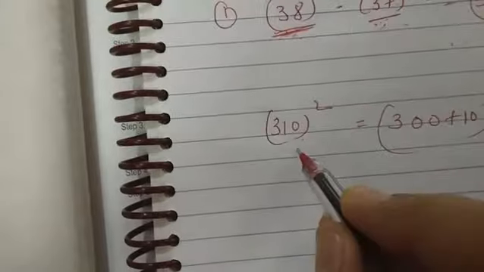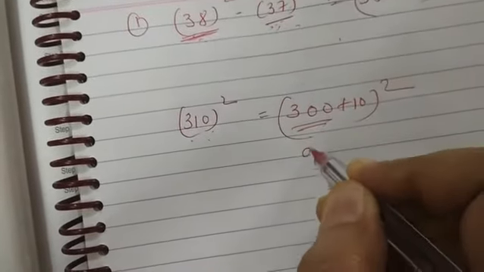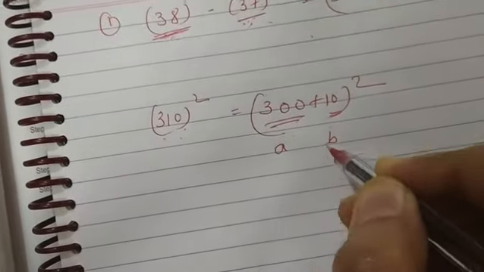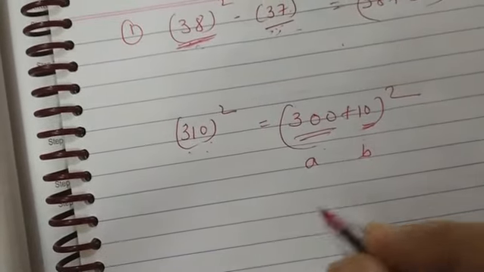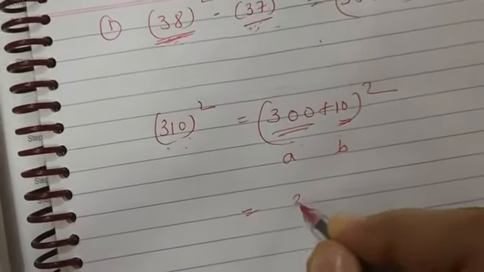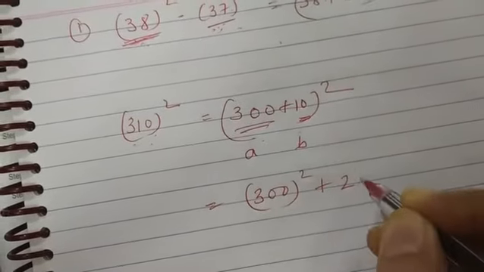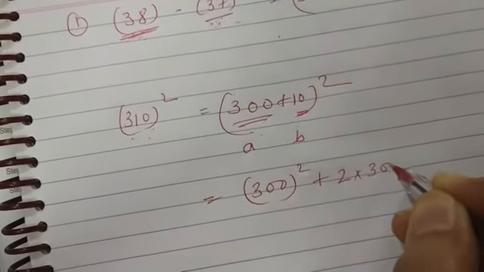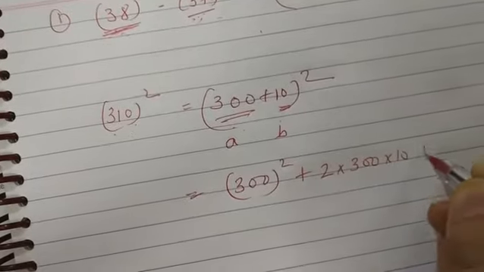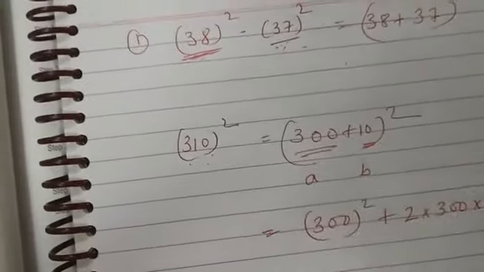We have written 310 in the form of a plus b, so this is your a and this is your b. Now apply the formula: a square plus 2ab plus b square. 300 square plus 2ab plus b square. We have written this formula.